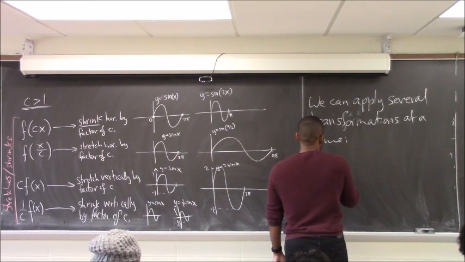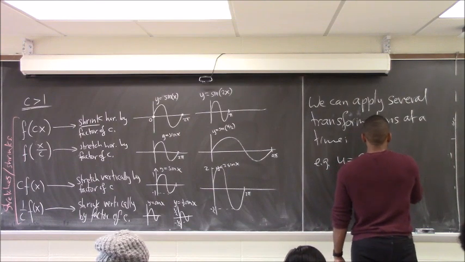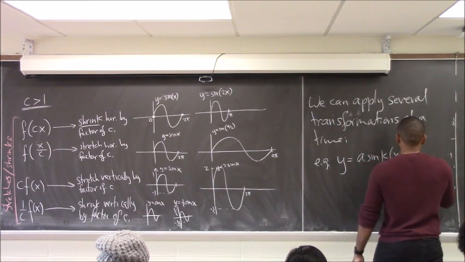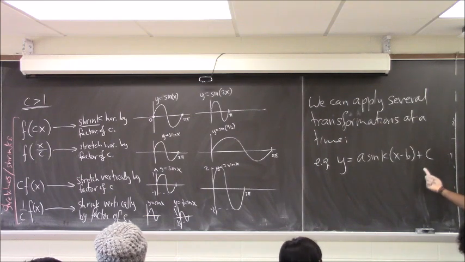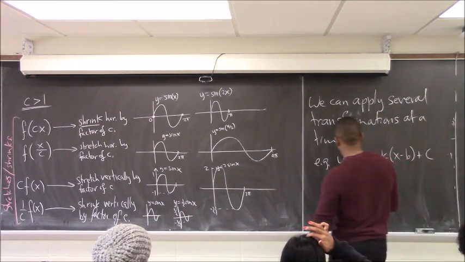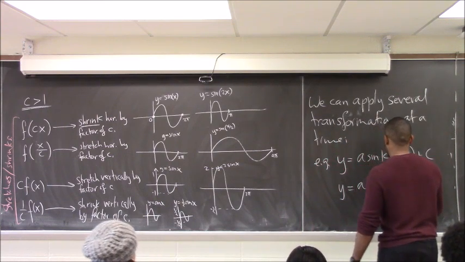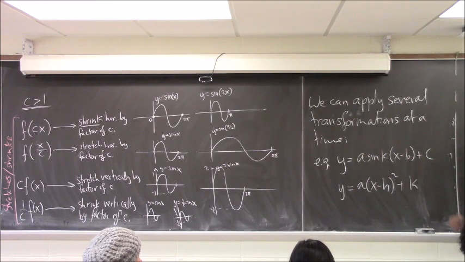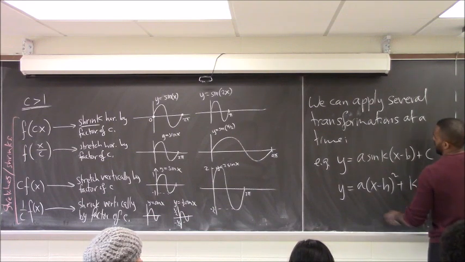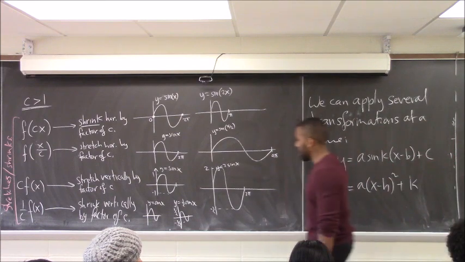So for example, we could construct things like a sine kx minus b plus c and apply all kinds of transformations. We're going to learn to graph things like this, by the way. And something like a times x minus h squared plus k. So that's like a parabola, y equals x squared that you shift to the left, stretched by a, and shifted up by k, etc.